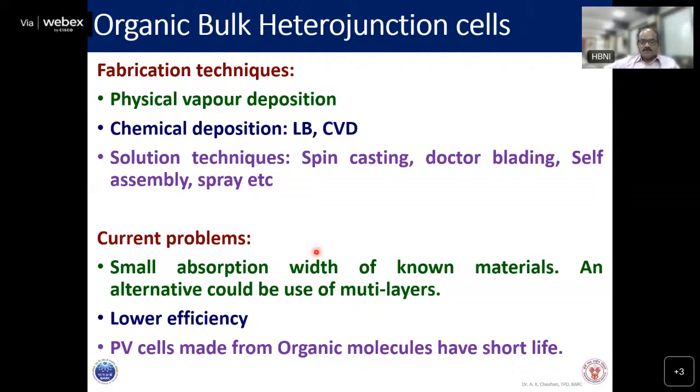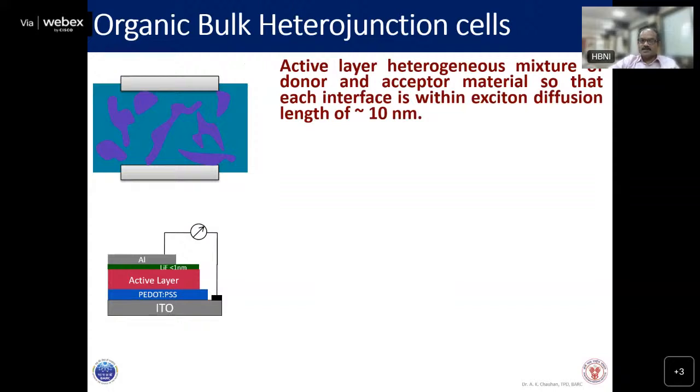Another big problem is that solar cells made from organic molecules or polymers have a very short life. Within a few days, sometimes within a week, they degrade. So a lot of experiments are being done to find new materials which are suitable and stable also, which can be utilized in solar cells.